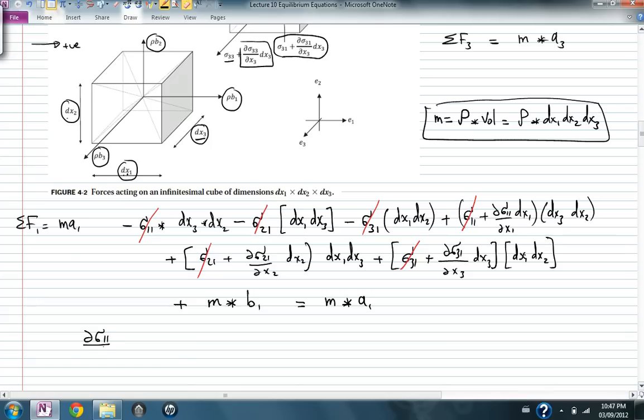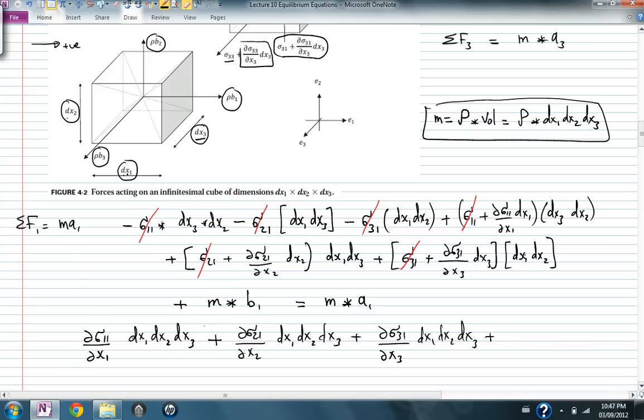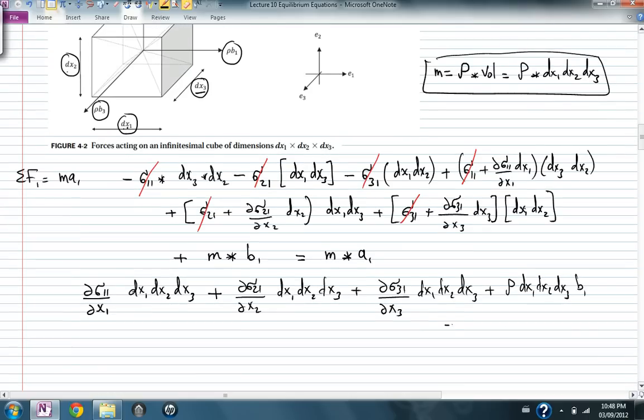Partial sigma on 1 by partial x1 dx1 dx2 dx3 plus partial sigma 2 1 by partial x2 dx1 dx2 dx3 plus partial sigma 3 1 by partial x3 dx1 dx2 dx3 plus rho dx1 dx2 dx3 b1 is equal to rho dx1 dx2 dx3 multiplied by acceleration 1.